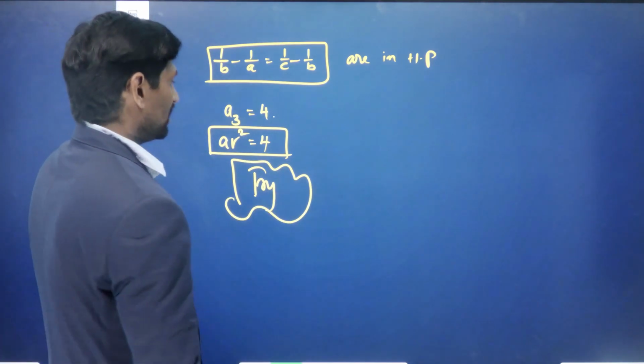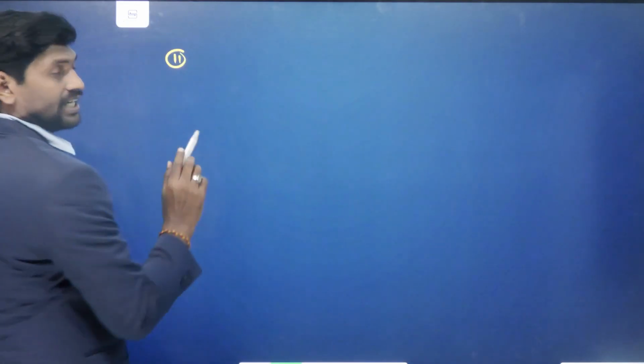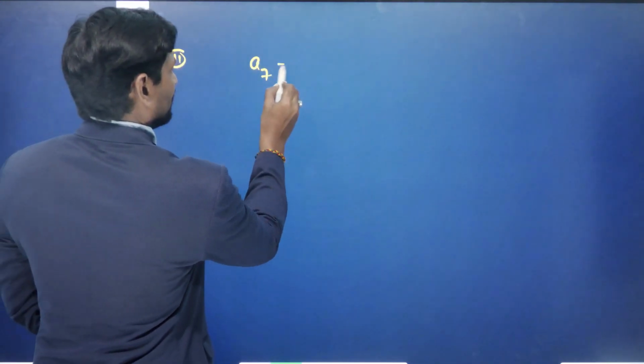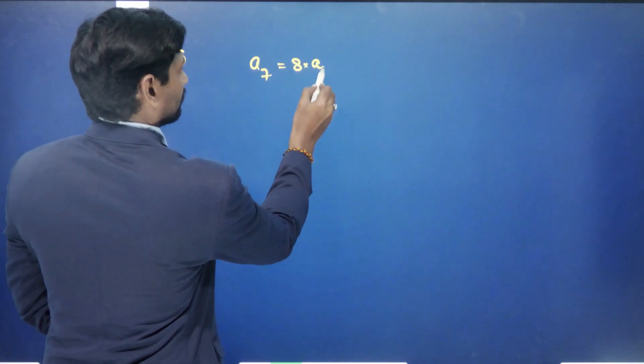Now let us go to problem number 11. It is given that the seventh term of a GP is 8 times the fourth term.